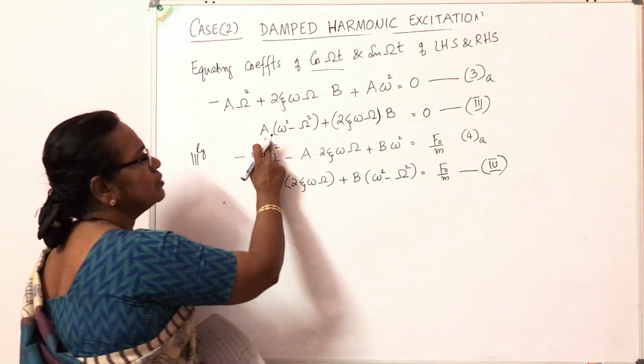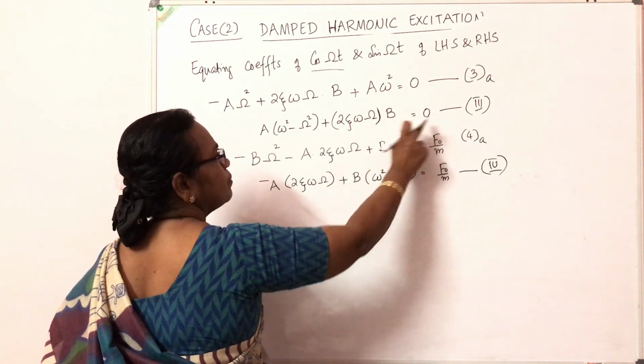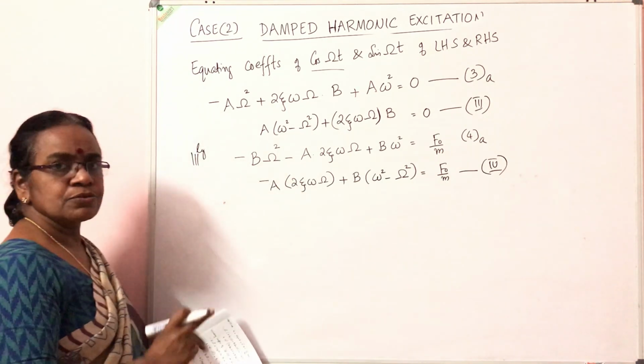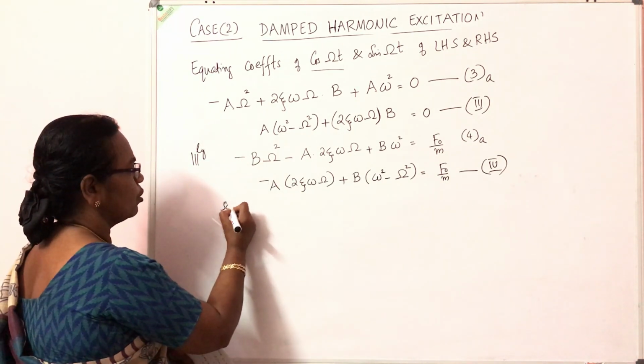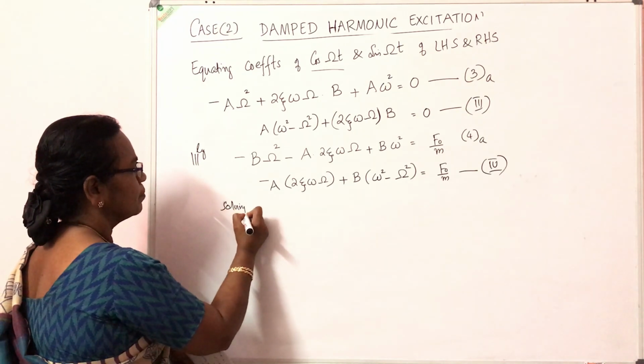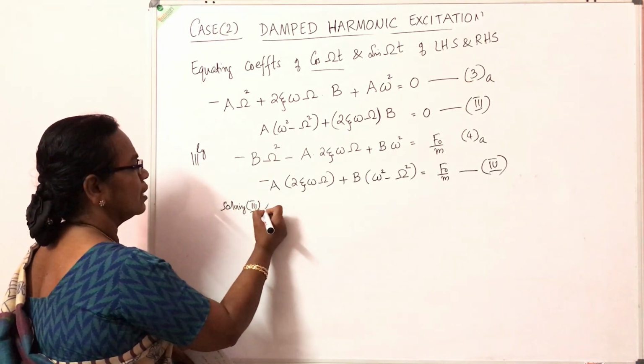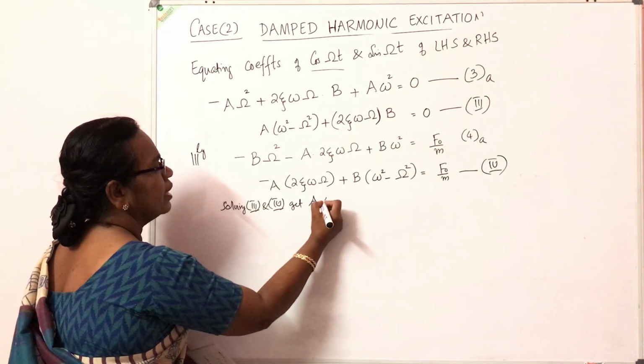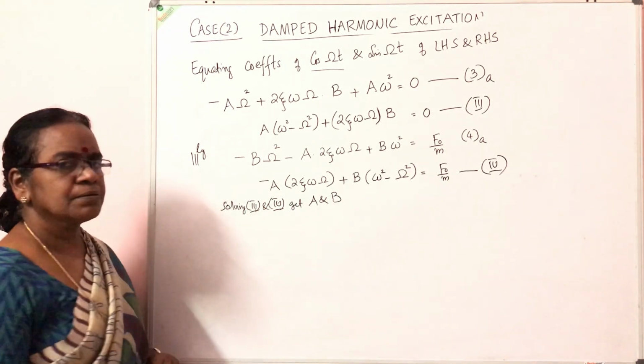We'll get an expression in terms of A and B, another expression in terms of A and B. So solving equations 3 and 4, we can get A and B.